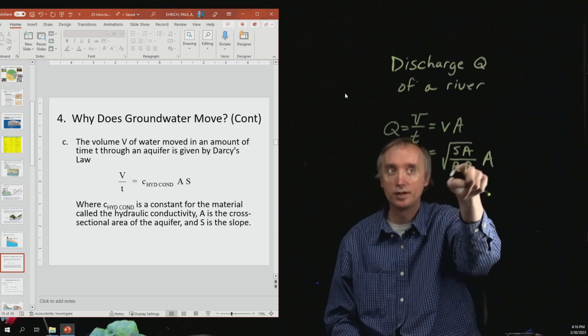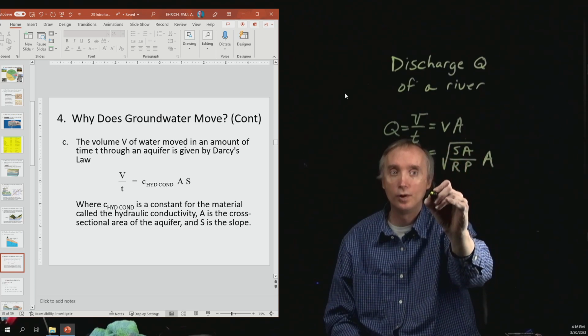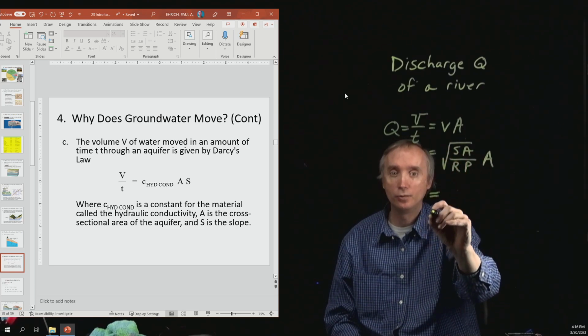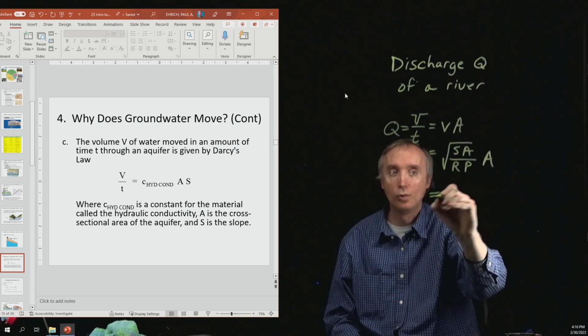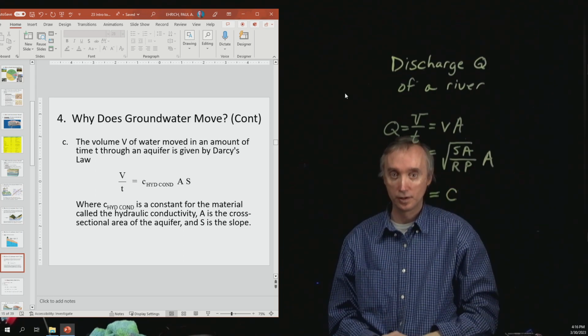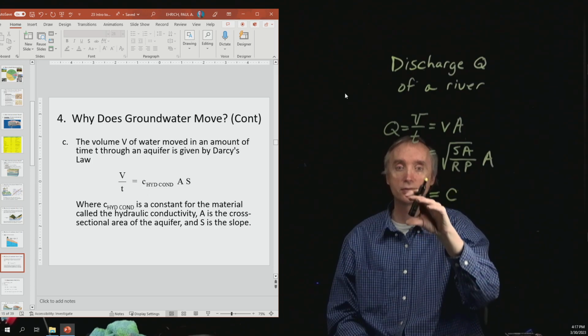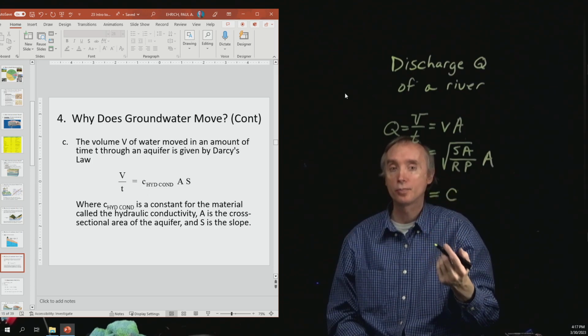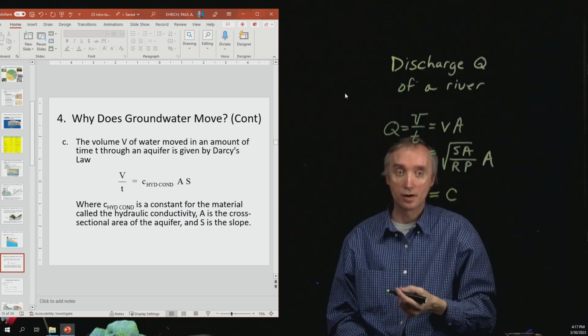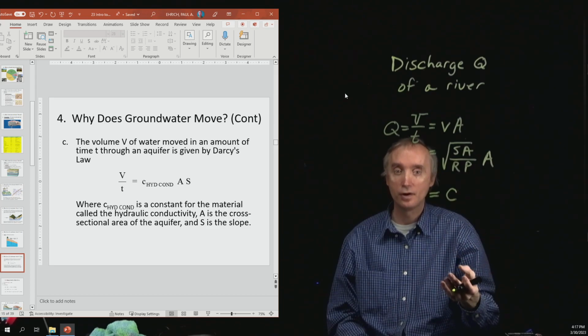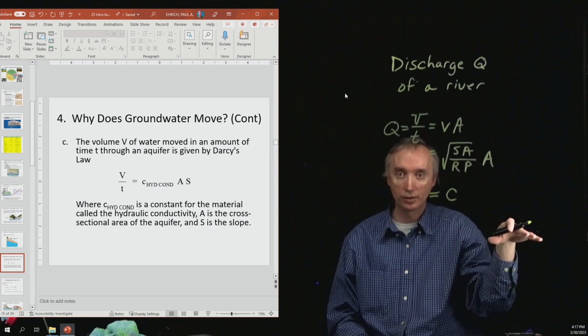So this was when it's in a river, and then when it's flowing underground, it would depend on what it's flowing through. So this is called the hydraulic conductivity, and this would depend on how permeable the rocks are, or the gravel, or the sand, or whatever material that it's flowing through.